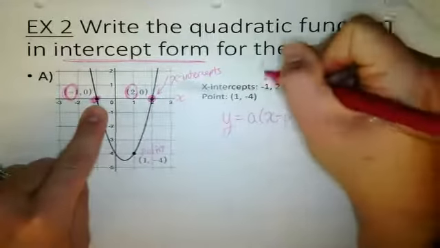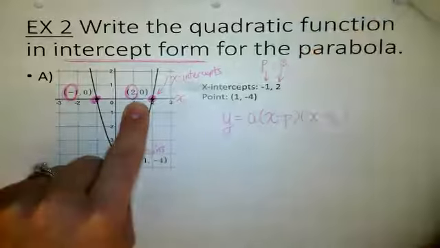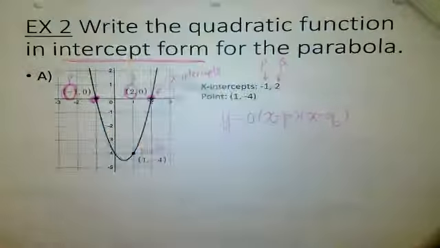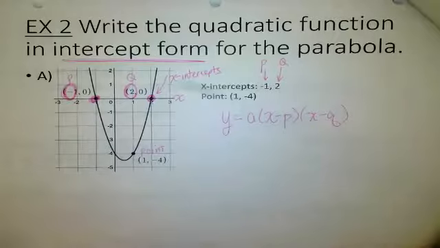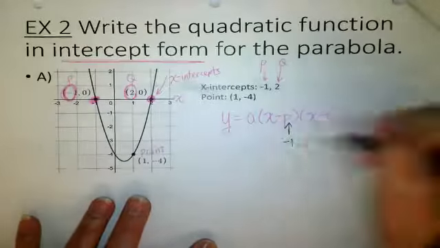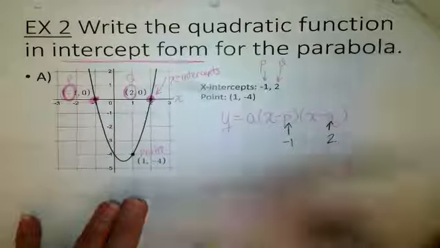So one of them is going to be the p, and the other one is going to be the q. It doesn't matter which one is which. If you wanted to do q and p, that's fine. The intercepts are p and q. So what are we going to plug in place of p? -1. And what are we going to plug in place of q? 2. Good. So we've done that.